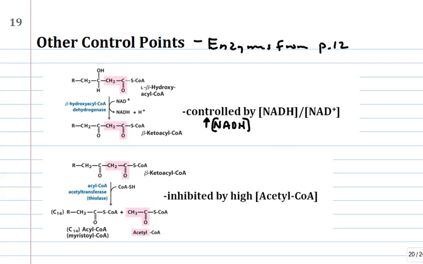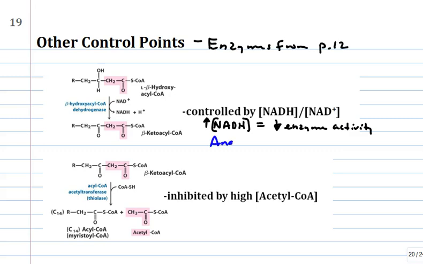But right now, a high NADH concentration will lead to a lower enzyme activity for this dehydrogenase. That makes sense because you're making NADH. So a high NADH concentration will tend to suppress this enzyme.